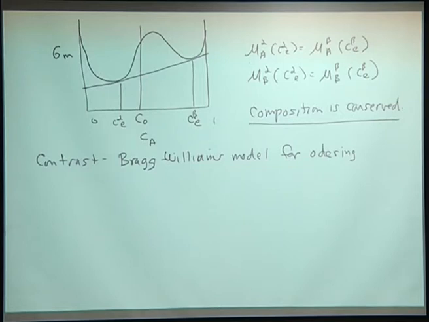And what you'll see is that this has much of the same sort of physics that the regular solution model is, but it's designed to describe ordering. Ordering in a compound, and we're going to again take the very simple AB alloy and a BCC, body-centered cubic crystal, just to be really simple.